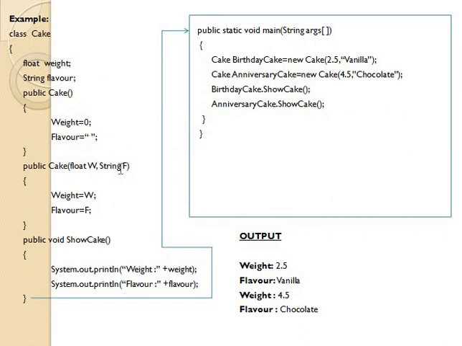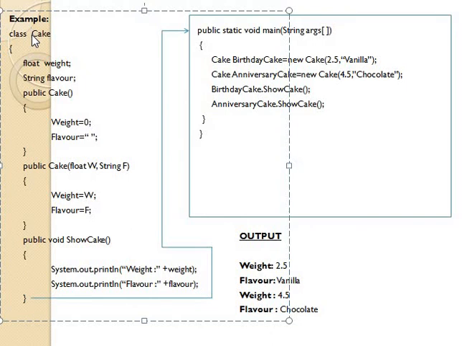Now consider this Java program as shown in this slide. This program creates a class called cake. This class cake contains two data members. The first data member, weight, is declared of type float, and the second data member, flavor, is declared of type string.